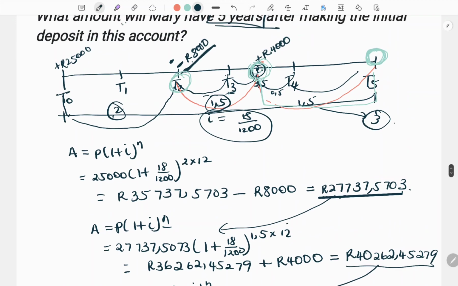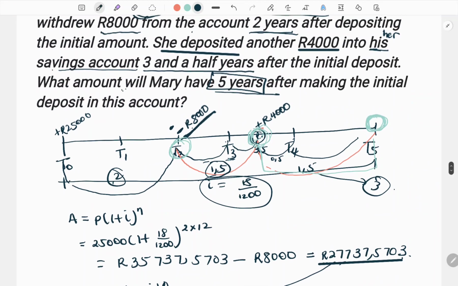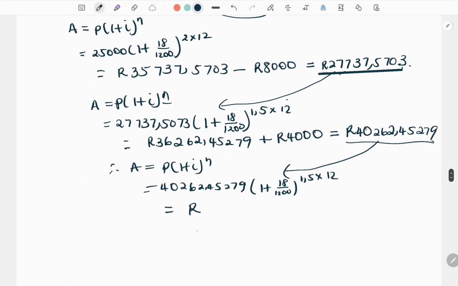Also the remaining period is 1.5, so 1.5 times 12. Then at the end of 5 years now, she will have 52,636.74. You can round off your final answer to 2 decimal places at least. Then you are done.